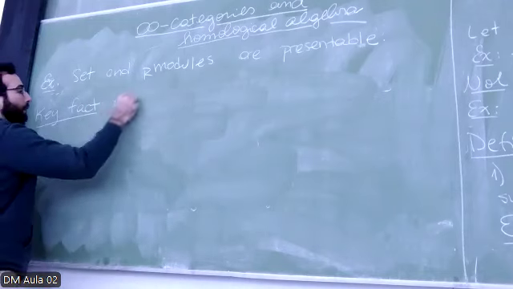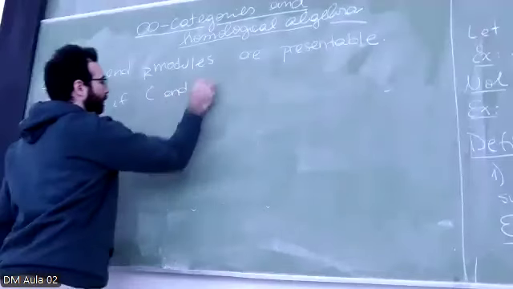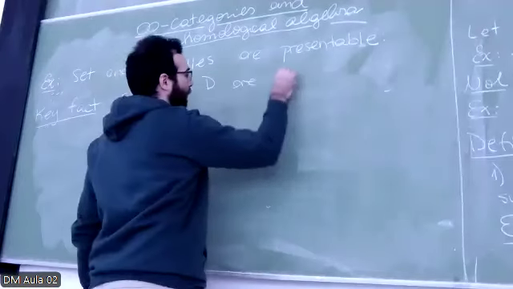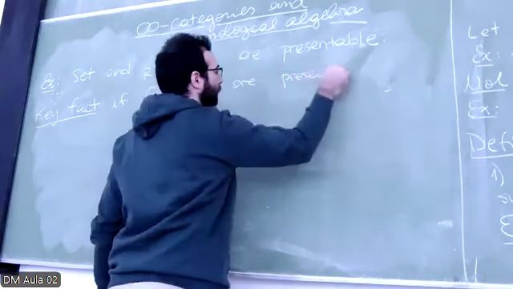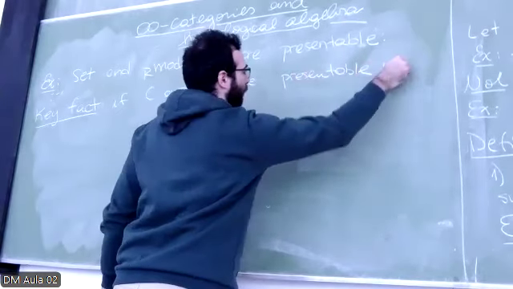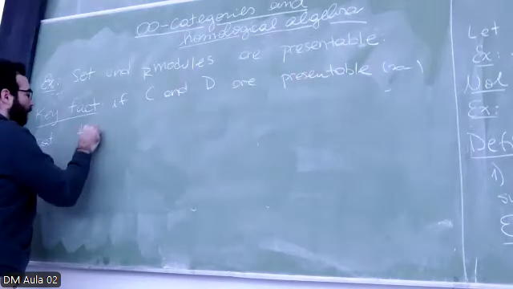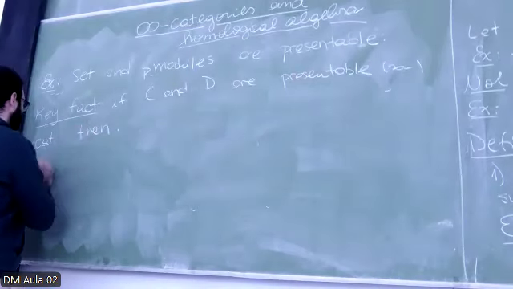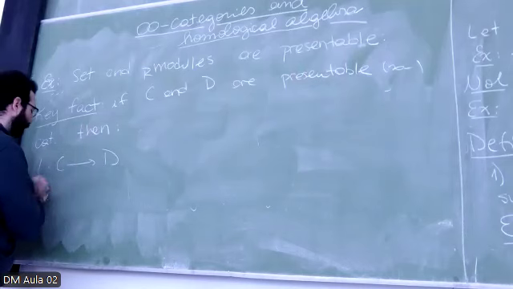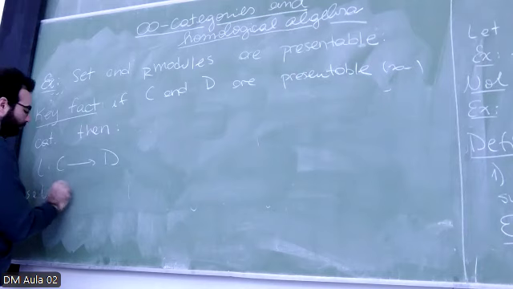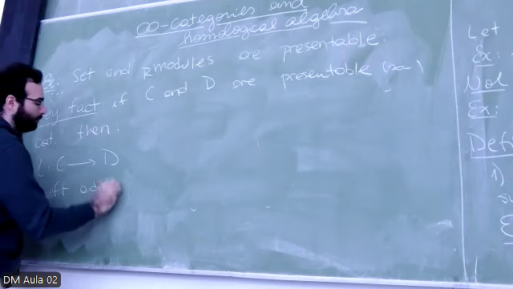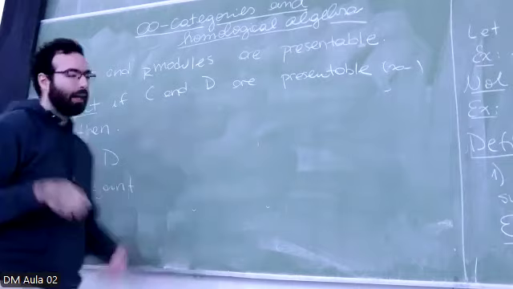So if C and D are presentable infinity categories, then a functor L is a left adjoint, or what is the same, admits a right adjoint.